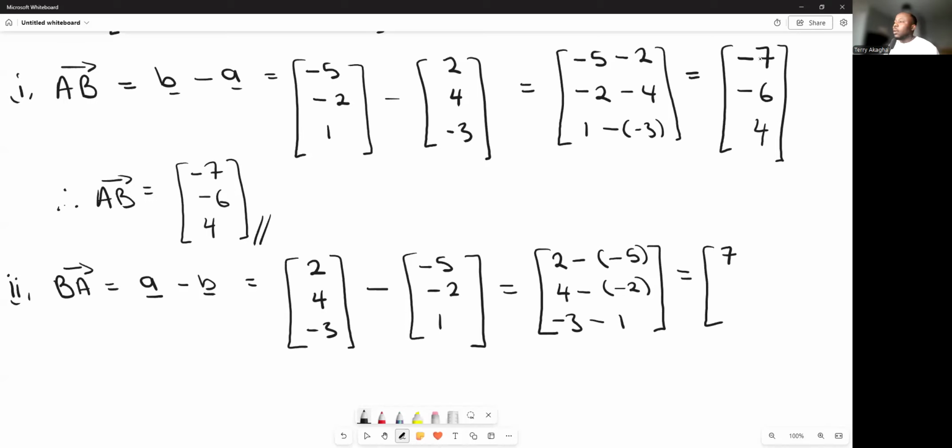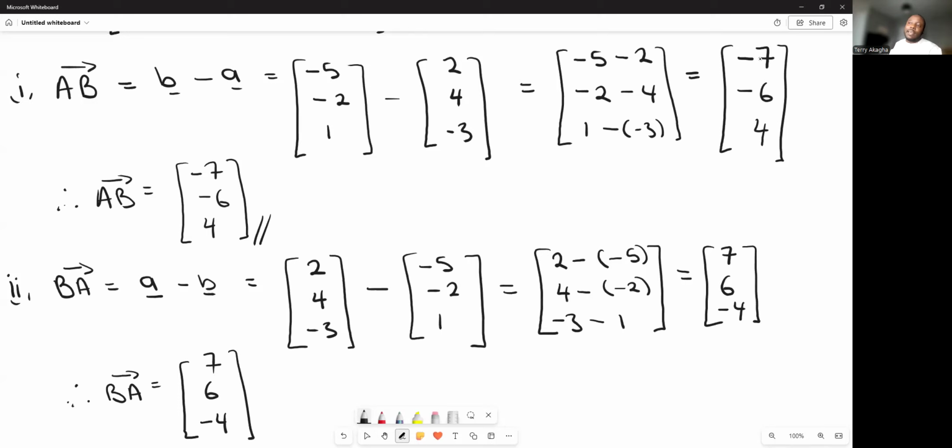Then 4 minus minus 2 will give you 6. And minus 3 minus 1 will give you minus 4. So therefore, BA will be equal to 7, 6, and minus 4.